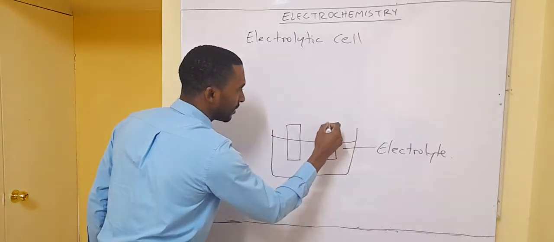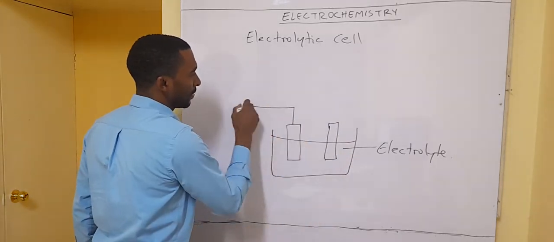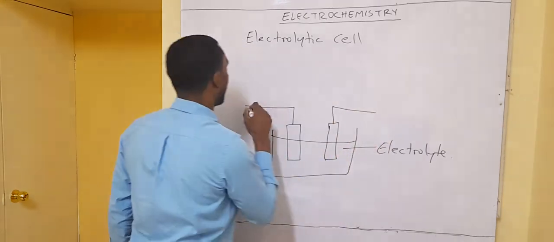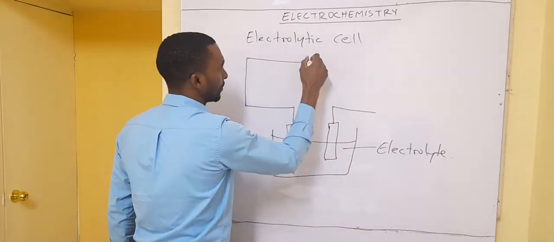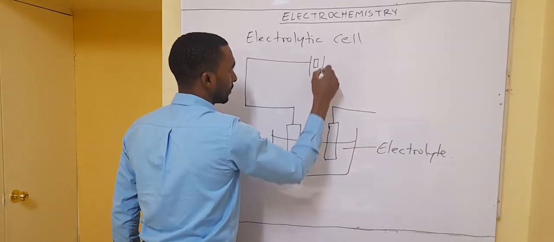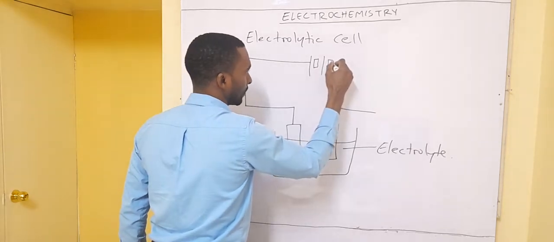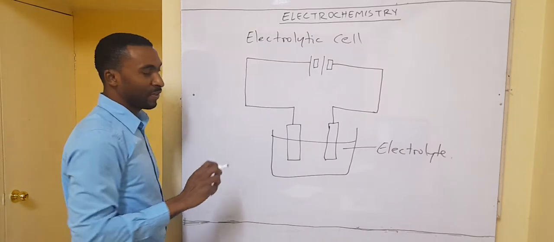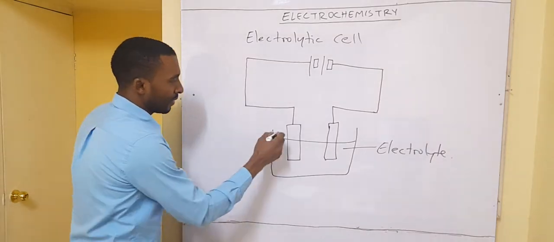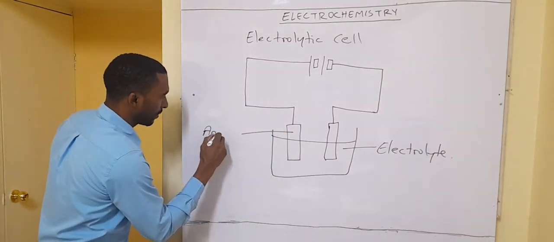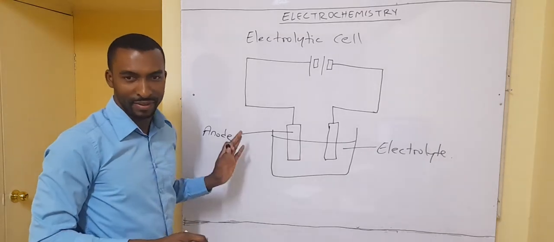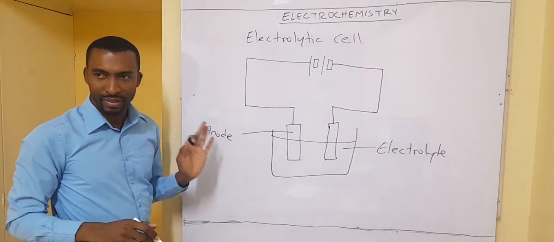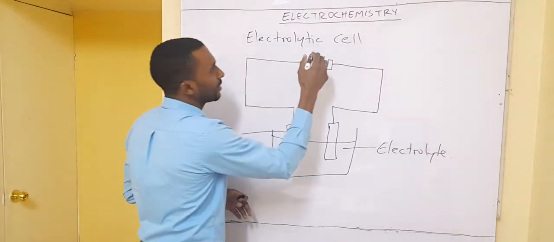This is a diagram you should practice drawing. As I said before, I'll keep the anode on the left. So ABC, just simply use that pattern: anode, then this is the battery.